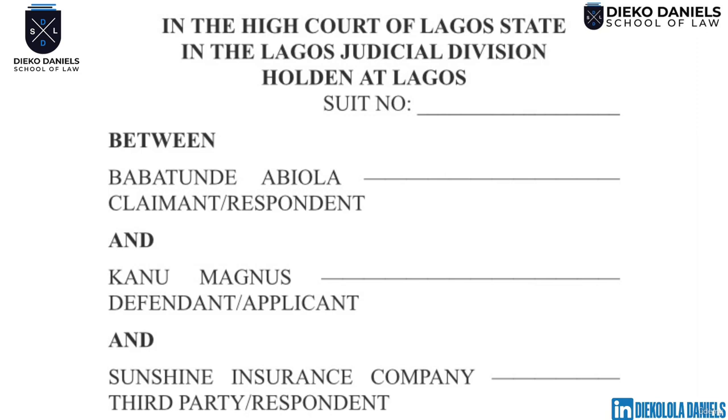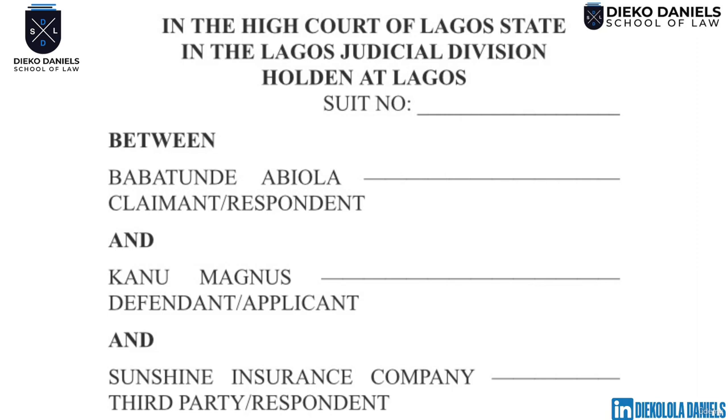Right? Now, we have a similar thing from when I was teaching you joinder of parties. I told you that there are 3 layers for joinder of parties, right? You have claimant/applicant, defendant/respondent, or it can switch because any of them can be applicant. And then we have the third layer, parties sought to be joined. When I was teaching you misjoinder of parties, I can remember that I told you that we don't have those 3 layers.